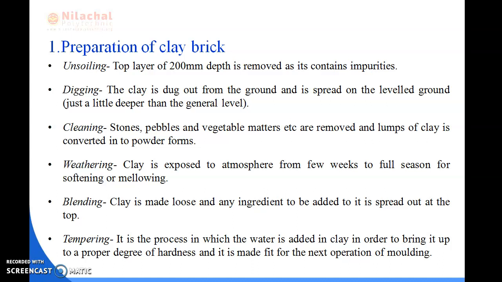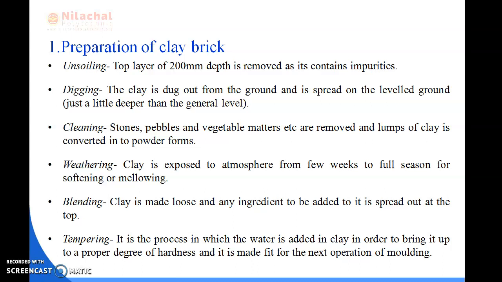Next is tempering. Tempering means what? It is a process in which water is added to clay in order to bring it up to a proper degree of hardness, and it is made fit for the next operation of molding. After blending is done, after any ingredient or chemical has been sprayed on the top of the clay, the tempering process is done.